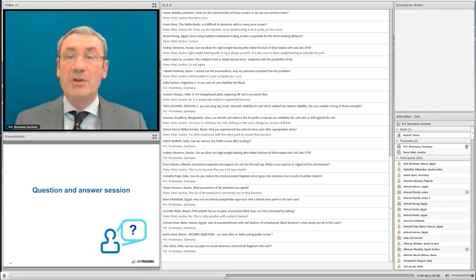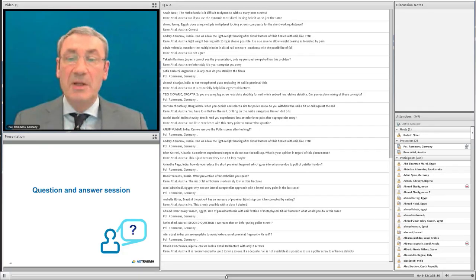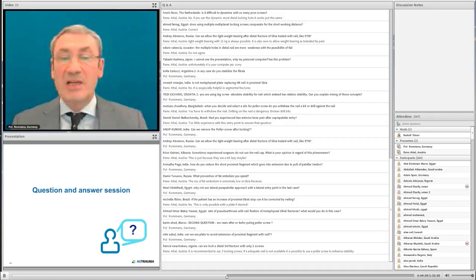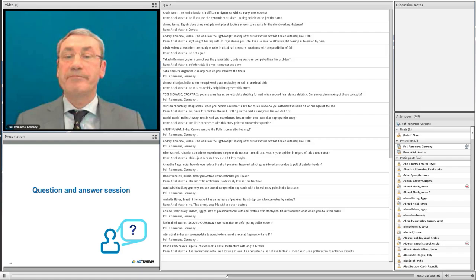Certainly, it is important to bring in your implant correctly so that after the procedure, you may expect an uneventful healing. And you do not accept any fracture gapping after nail placement.